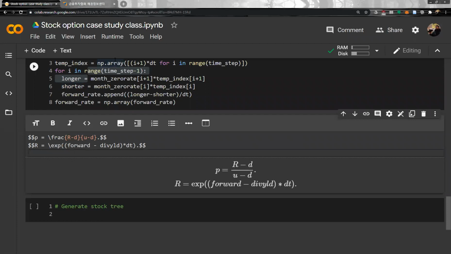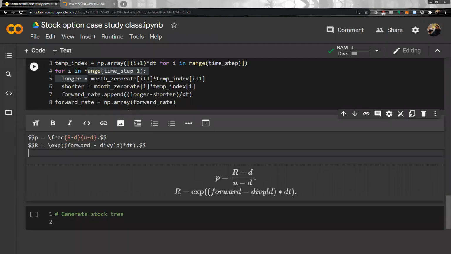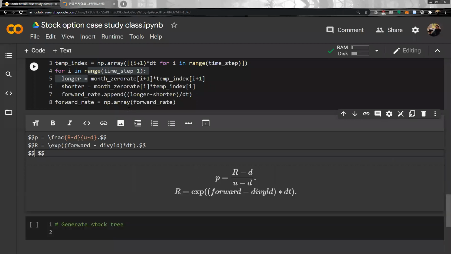This is the Python implementation, so I'll skip the theoretical part, but it is very important to understand why the risk neutral probability looks like this, why the R part looks like this, and why U and D look like what I'm about to write. This is very important, but I'm gonna skip here.